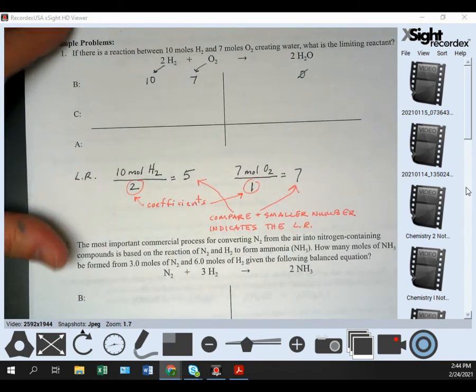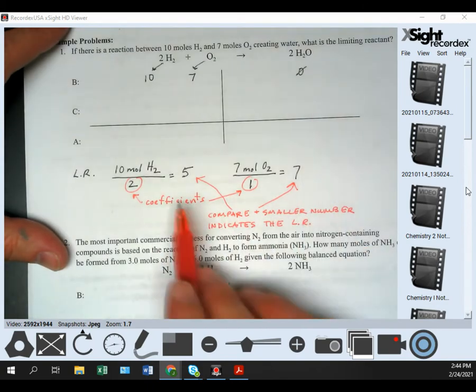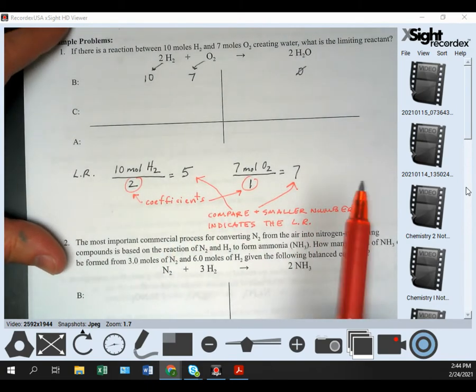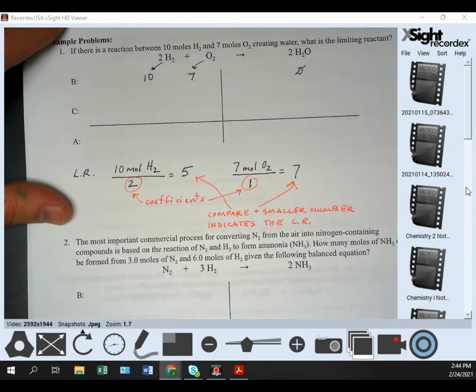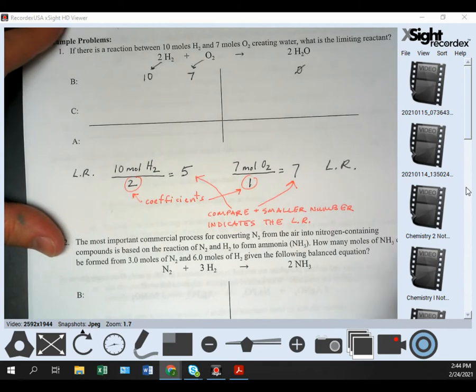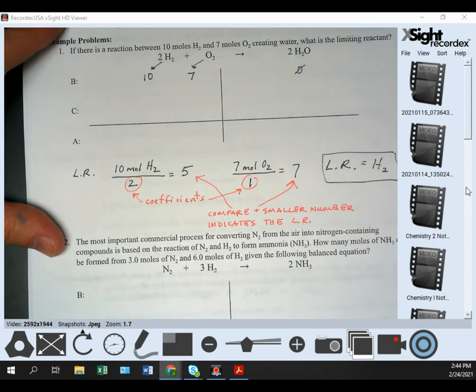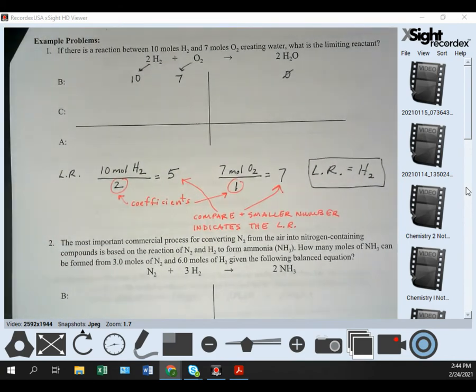You compare the answers, and if there's more than 2, there's 3 or whatever, you compare the answers, and the smaller number indicates the limiting reactant. So the smaller number here is 5, which means our limiting reactant, or the thing that ran out first, was what? Hydrogen, the H2. So limiting reactant equals H2. And that's the answer when it's asking for limiting reactant.